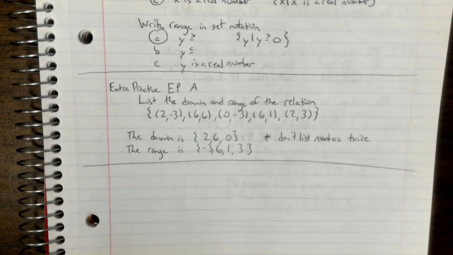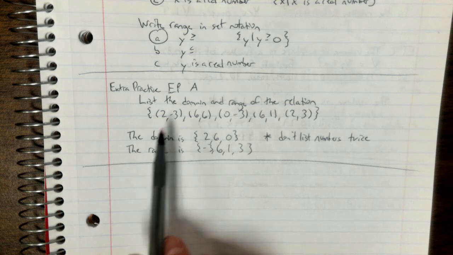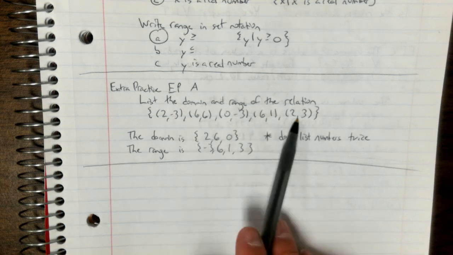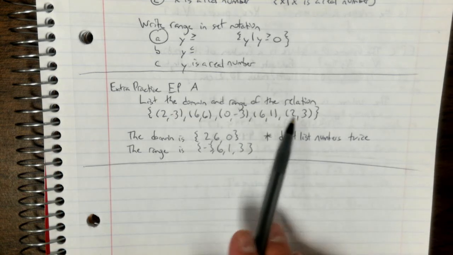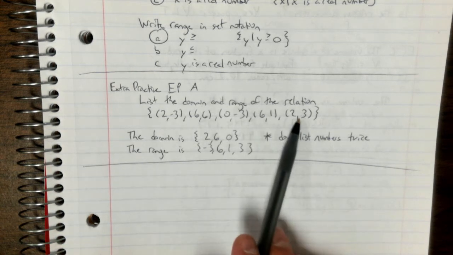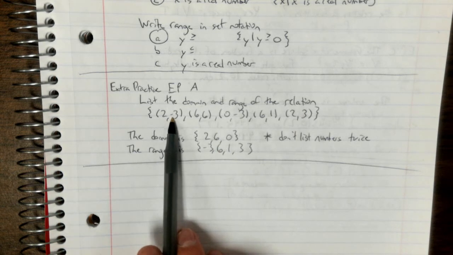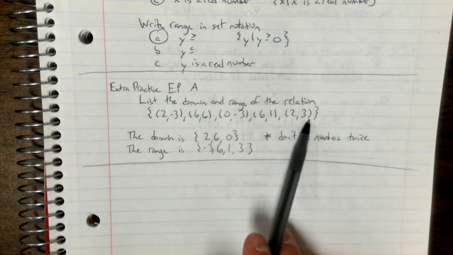Okay, and then the next one is extra practice A, and I'm just going to start labeling that EP for extra practice. It says list the domain and the range of the relation. So this is a particular relation. It's not a function from seeing that 2 is listed twice for x, and it goes to -3 this time and it goes to 3 this time.